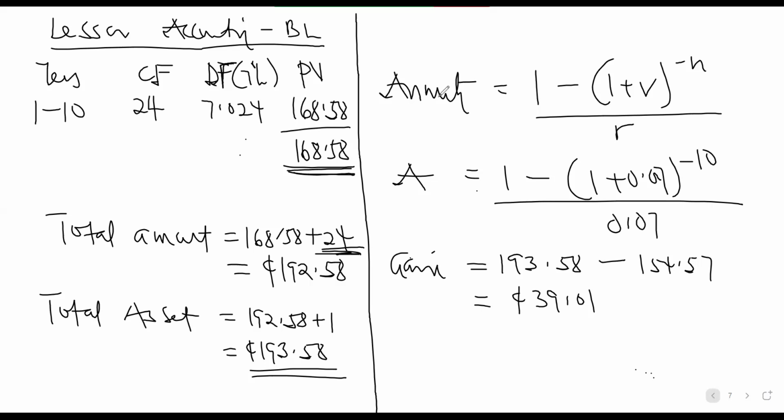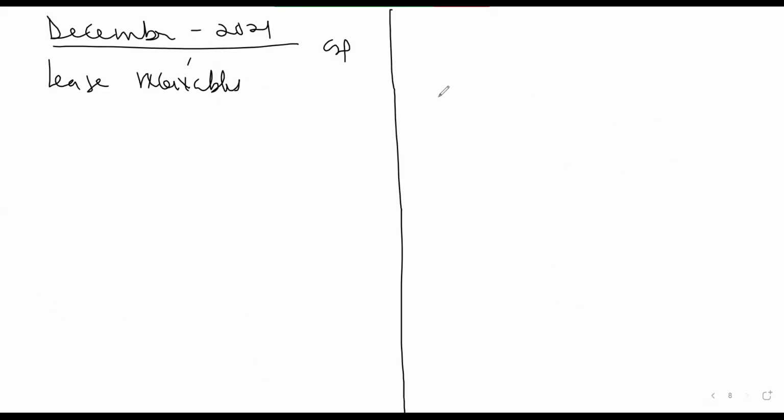What is the present value of the amount that we are here to receive? 168.58. 168 point what? 58.